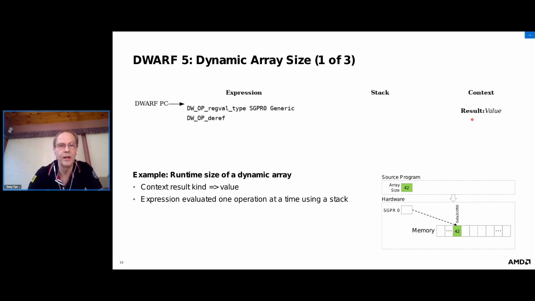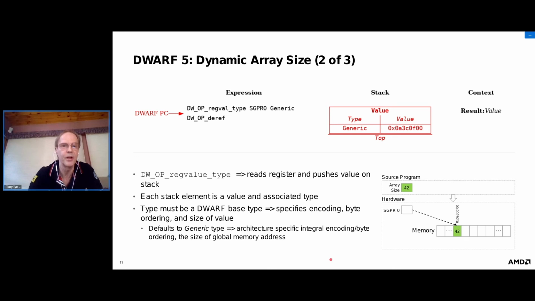In this case, we're trying to evaluate this expression as a value. So that's part of our context here. We're going to evaluate it on the stack. Here are the instructions we're going to evaluate, one operation at a time. The first operation reads the contents of a value, so we push the value on the stack. Notice that every entry on the stack has a value and its type.